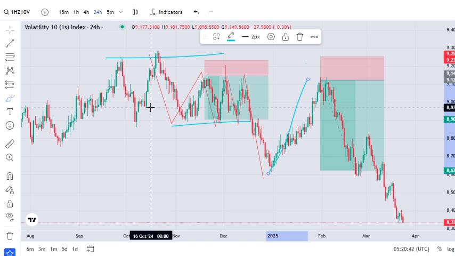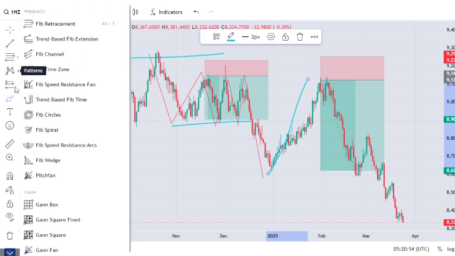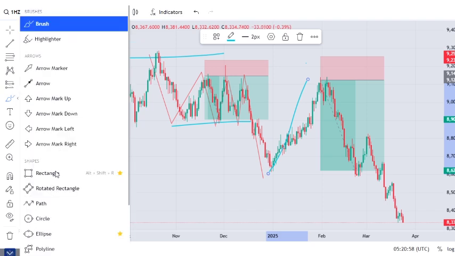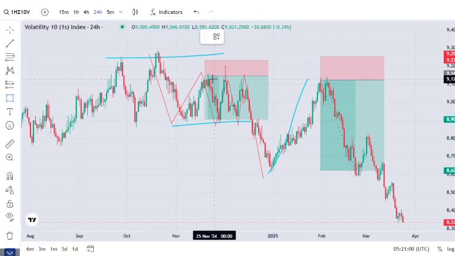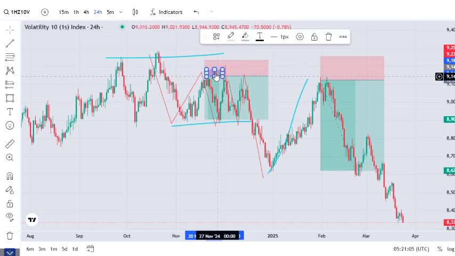Either it is pulling back towards unmitigated orders where there's been a liquidity grab before, or it is pulling back towards a flip zone, for example like this particular zone here. This particular zone is a zone where there's been a liquidity grab, right?